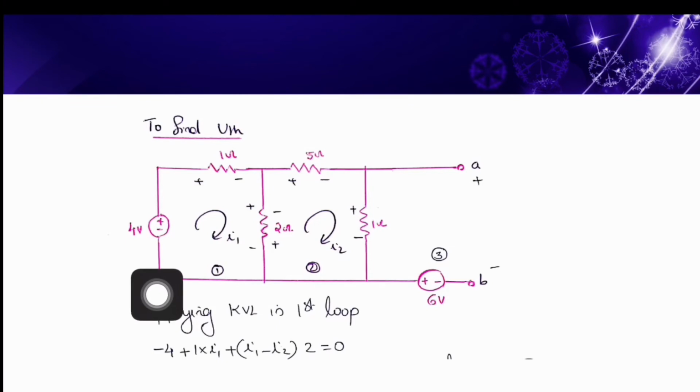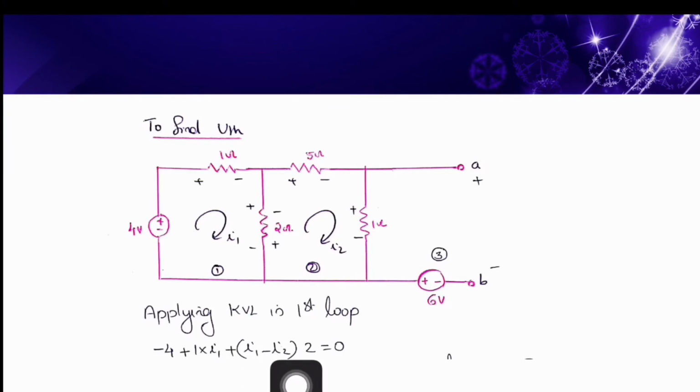Starting at this point, first we observe this 4 volt voltage source with the polarity mark in the order minus plus. So we start our KVL equation with minus 4. Then this 1 ohm, correspondingly we add a term plus 1 into I1. Finally, the voltage drop across this 2 ohm. Since we are writing KVL in the first loop, the total current through this 2 ohm is taken as I1 minus I2, and correspondingly the voltage drop is 2 into I1 minus I2.